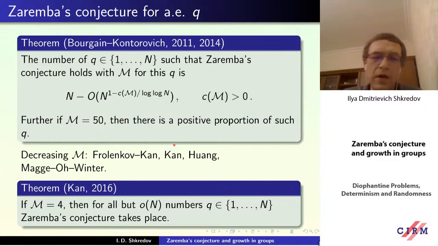For example, the best result in this direction for concrete M belongs to Igor Kan, who proved that if M equals 4, then for all but o(N) numbers q, Zaremba's conjecture holds. Okay, but maybe this result holds for M equals 2.